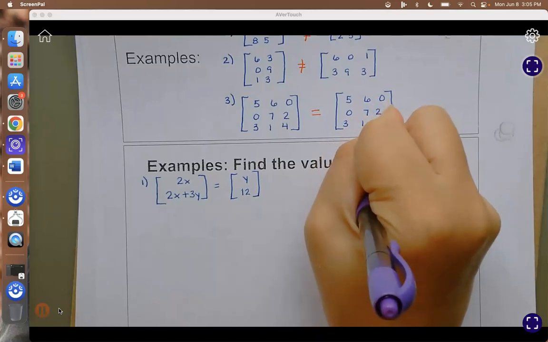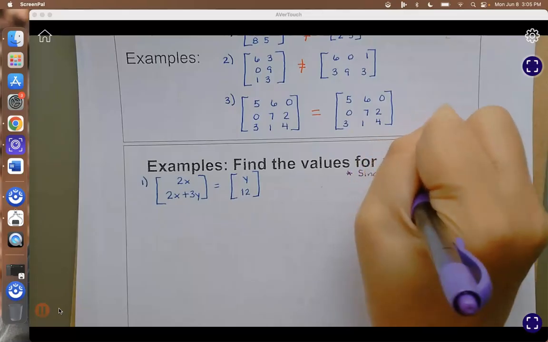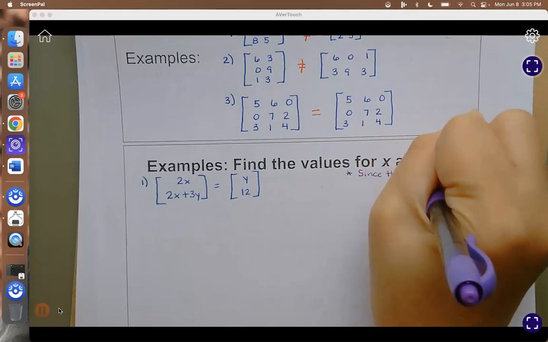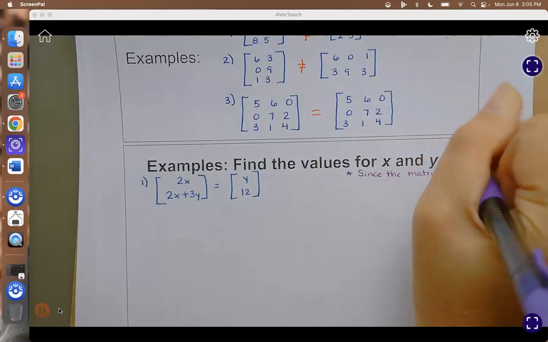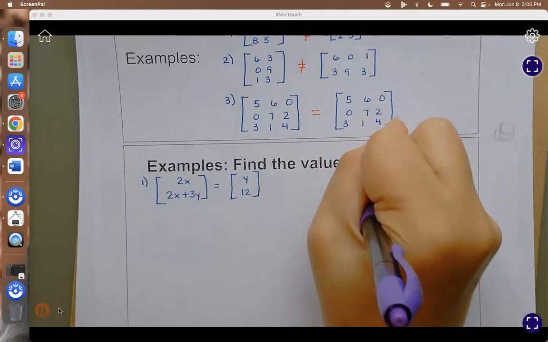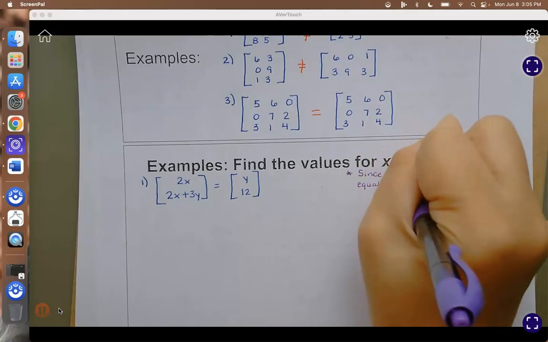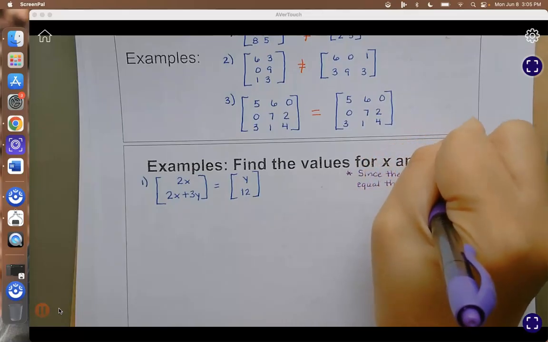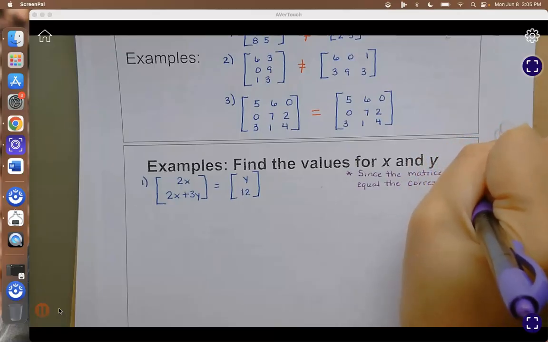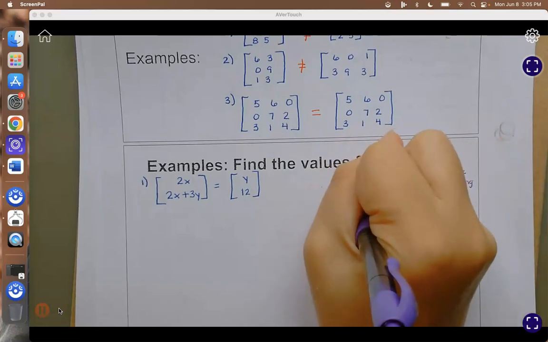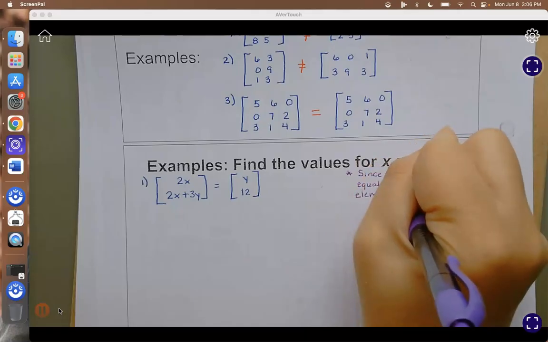So, since the matrices are equal, the corresponding elements are equal.